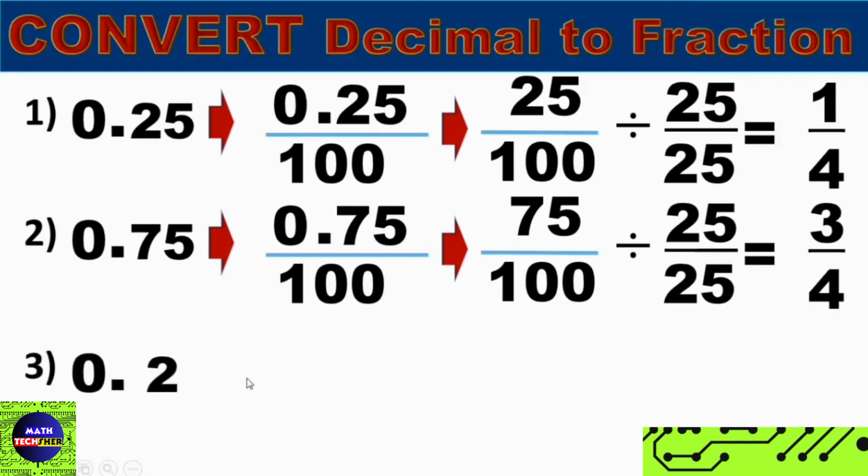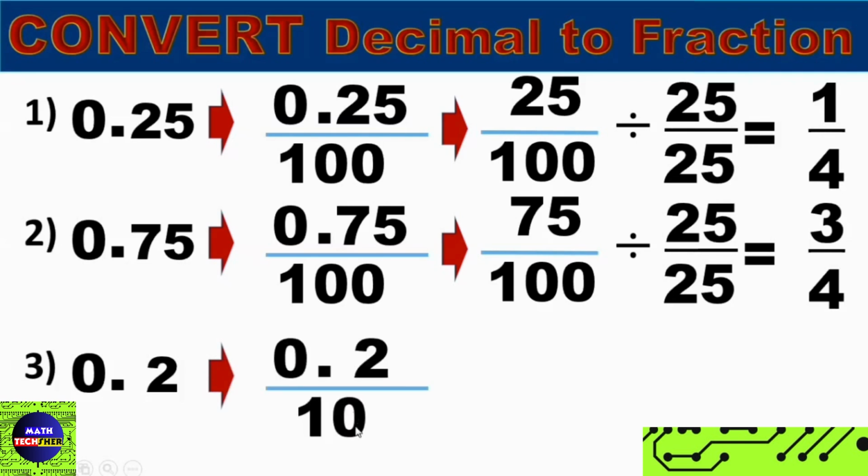Next, number 3, 0.2. Then it is equal to 2 over 10. We divide by 10 since 0.2 has only one decimal place. Okay, so if you're going to compare, 0.75 has 2 decimal places, 0.25 has 2 decimal places.